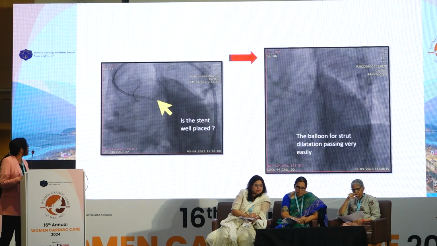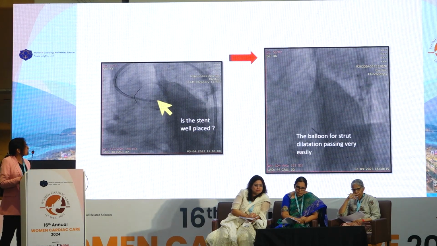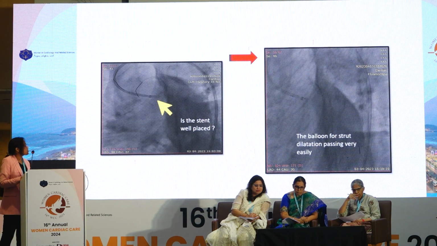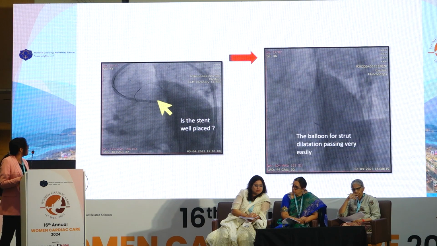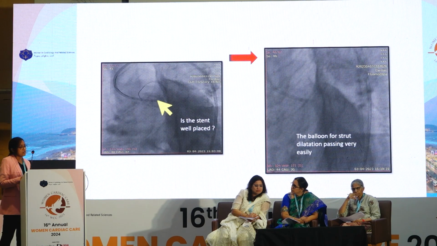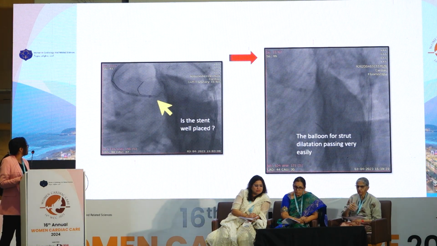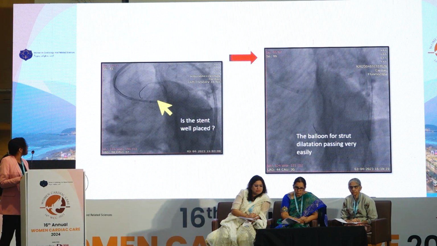This is the angiogram. Actually, when we were rewiring the circumflex, the wire went very easily and the balloon for strut dilatation also went very easily into the circumflex. So we were thinking whether we were going through the stent or outside the stent. There was a doubt whether the stent was placed well.